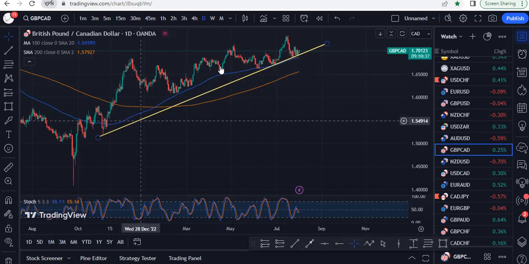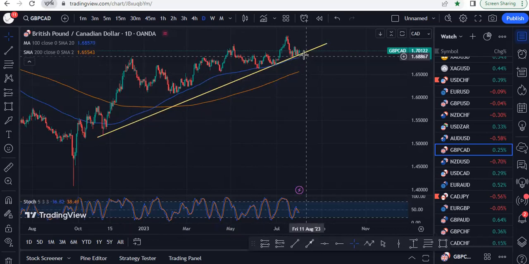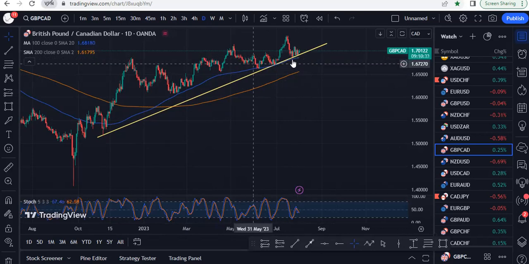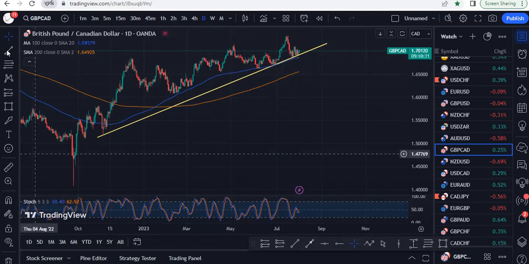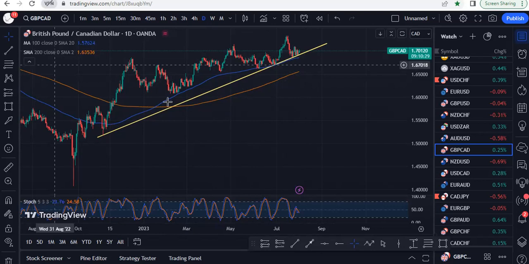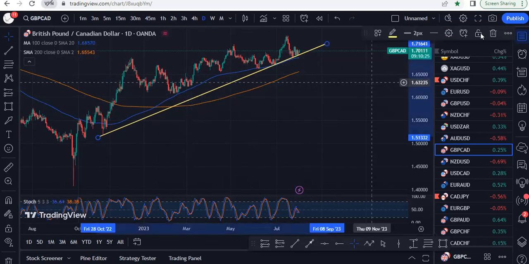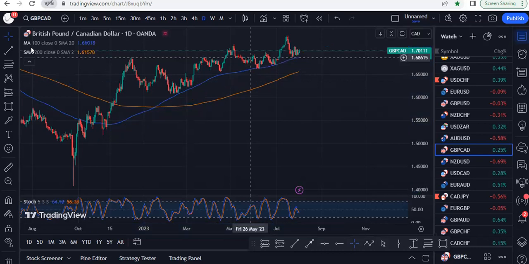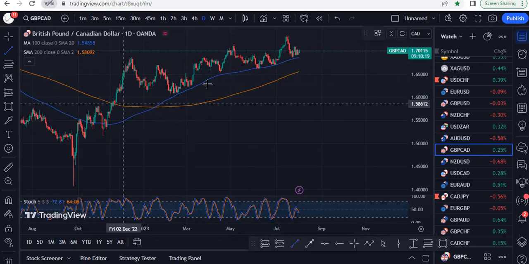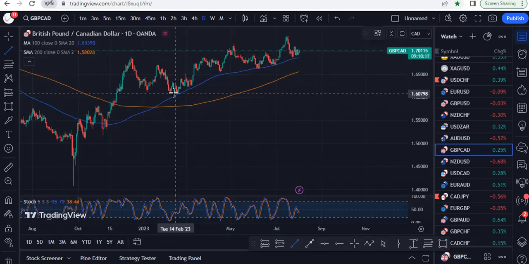It's a 100 moving average. Let me try to remove this trend line.